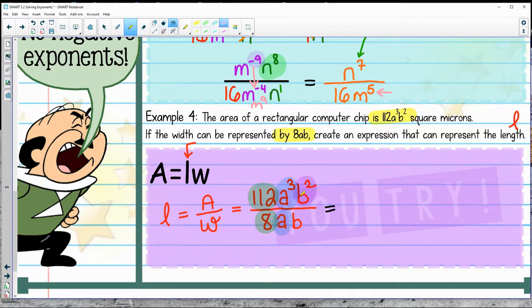And then we've got b squared and a b. Hopefully when everything simplifies, you get a nice, really friendly answer. So you're going to have 14 right here. A squared, so there's 3 on top, 1 on bottom, and 1 b left over for a final answer in purple.